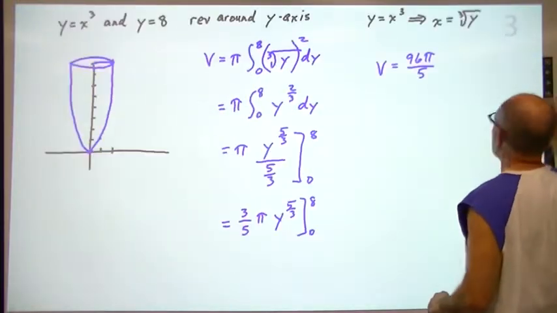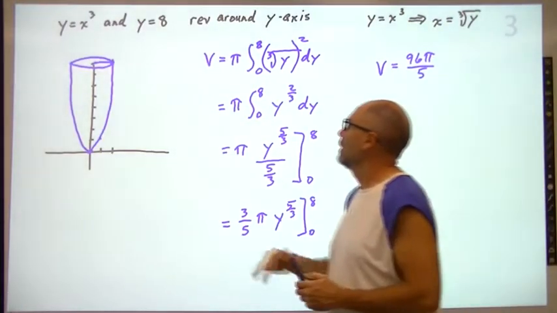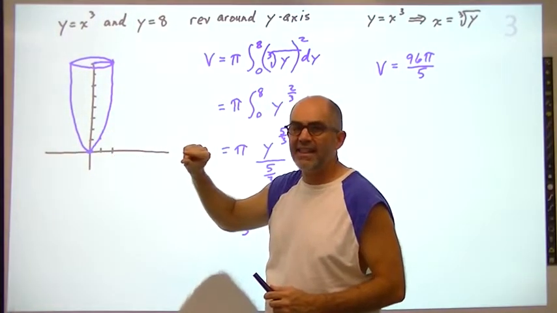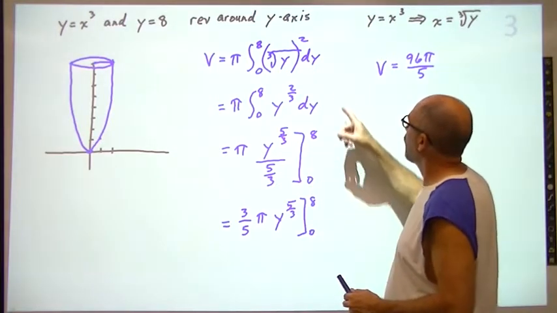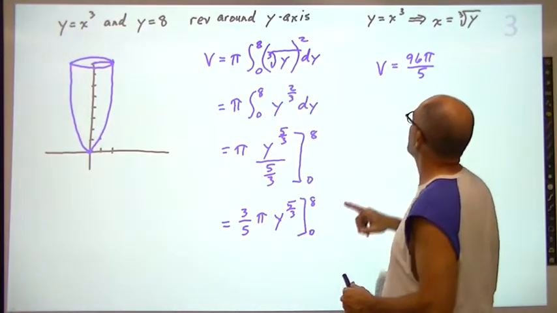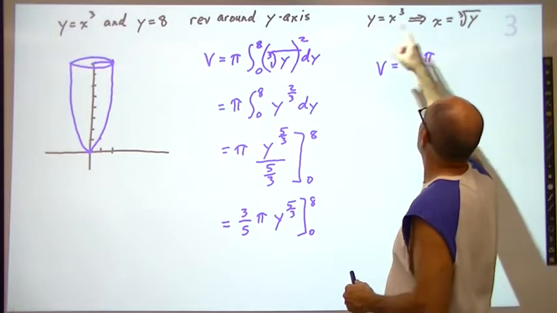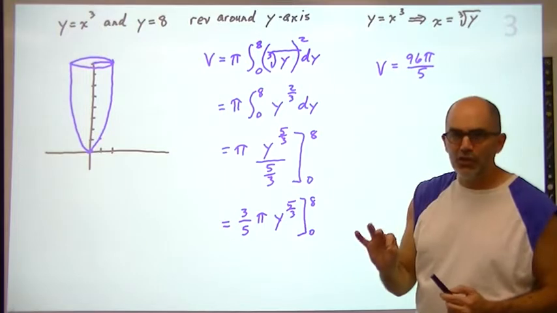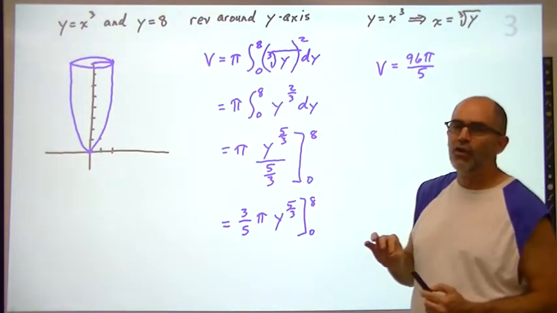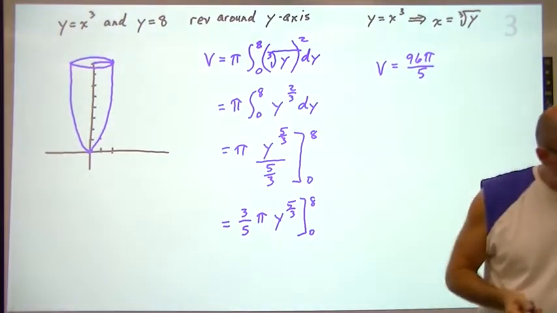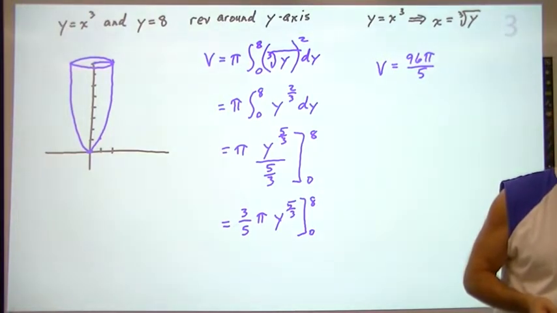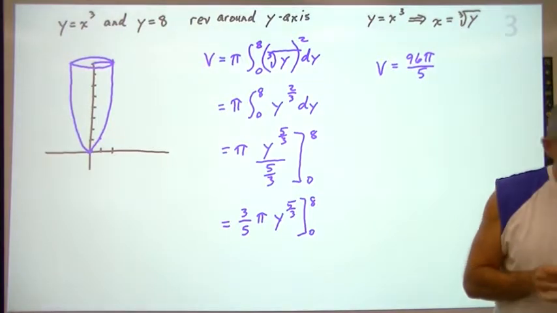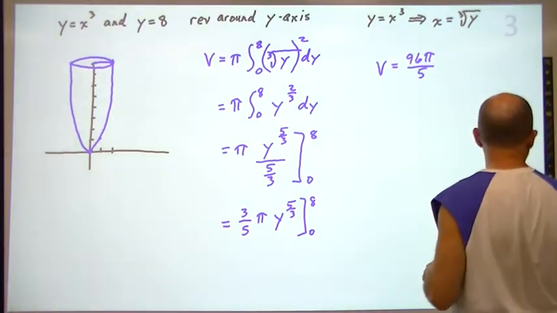The next example we did, we've got horizontal disks, which means they're dy thick, so we have to have our function in terms of y. So we had to go from y equals x cubed to x equals cube root of y. Now, we're about to do a new situation that's called washers. And this is where we have two different functions involved.